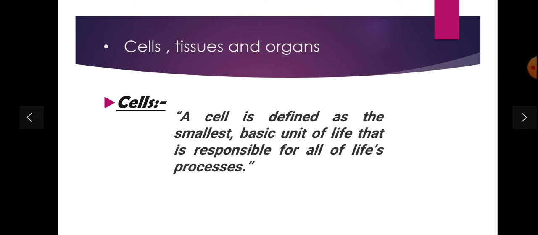So here we go, next, cells, tissues and organs. As you know, the cell is the basic unit of life. For example, me, this thing that's making a video right now, I'm made up of tens of trillions of these cells. The cell, from Latin cella, meaning small room. Cells are often called the building blocks of life.